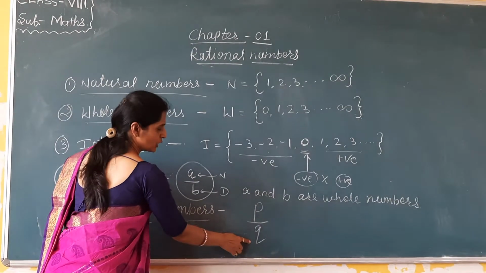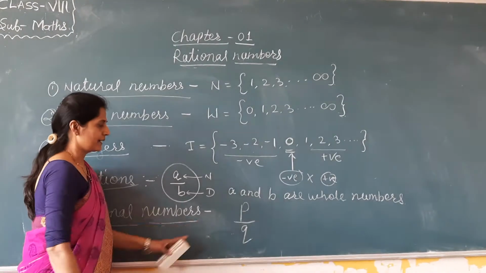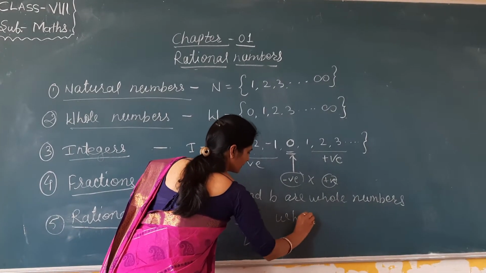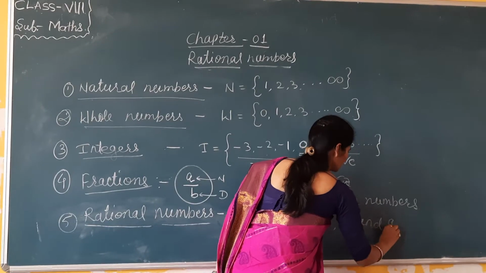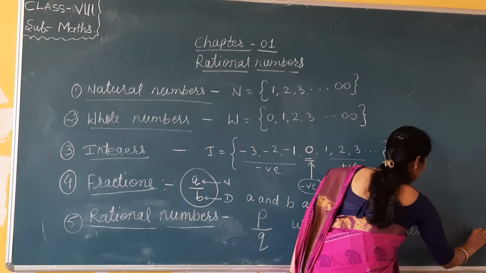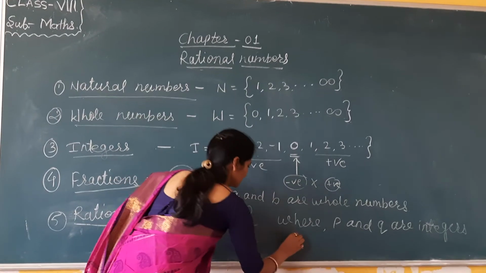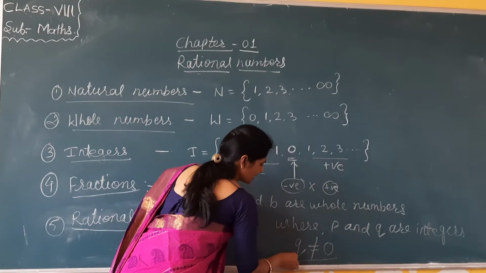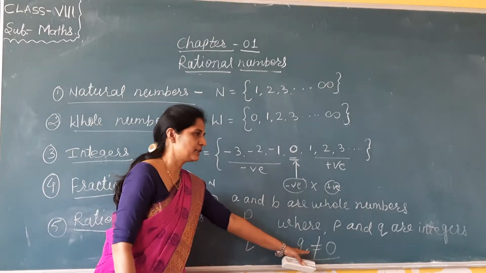Rational numbers are in the form of p upon q, where p and q are integers, and q is not equal to 0. The meaning of q is not equal to 0 is that the value of q is not 0.